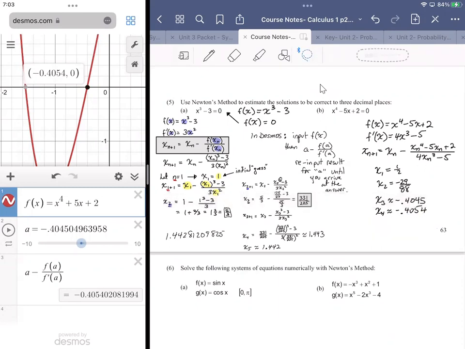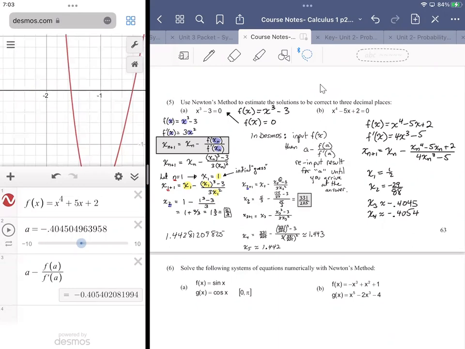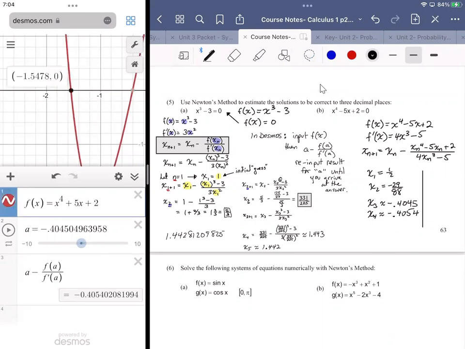All right. But because there's two roots here, I'd also have to select some value to start off with. So I got to do the process again, some value to start off with that would get me to the other root. And so that other root is at negative 1.54. So I would do x is equal to, let's say, negative 3/2.